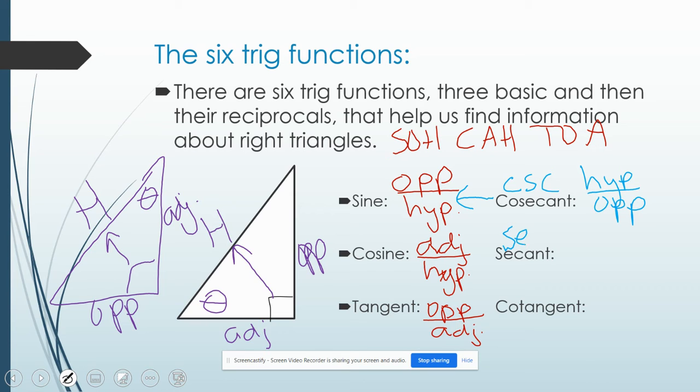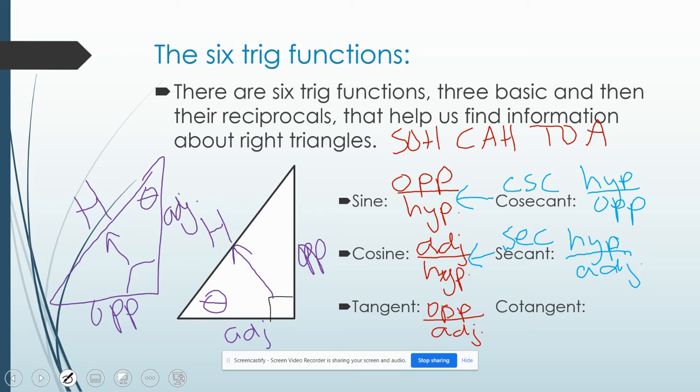Secant is abbreviated SEC. It is the exact opposite or reciprocal of cosine. So we'll find this by hypotenuse over adjacent.